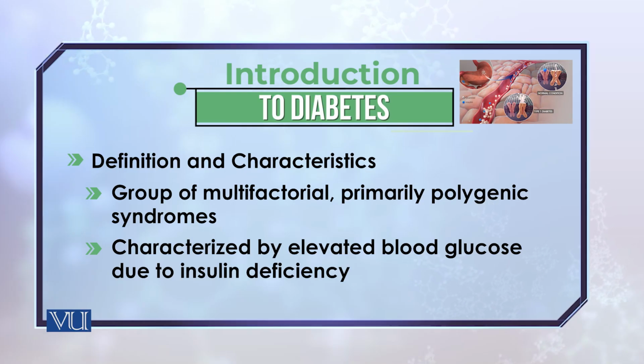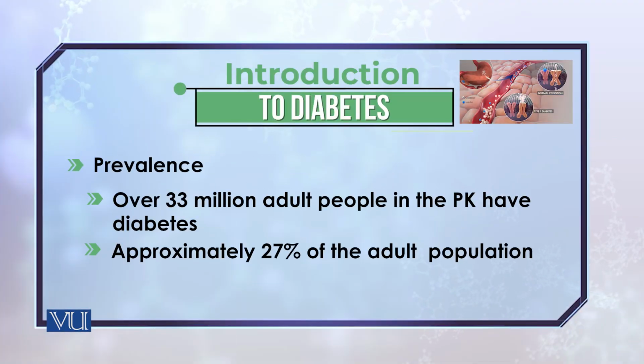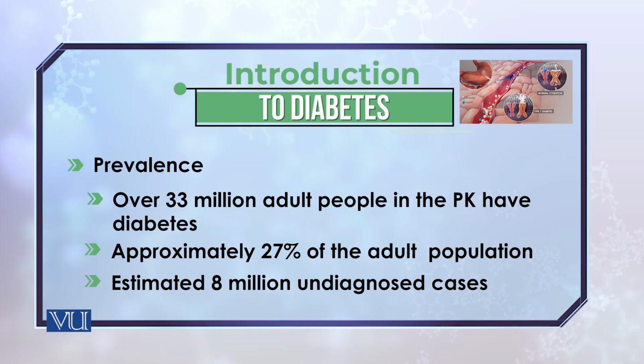It's polygenic in nature. Its defining characteristic is the increased blood glucose level. That's why whenever you want to check whether you are diabetic or not, you check the level of glucose in your blood. The statistics about its prevalence are really, really shocking.